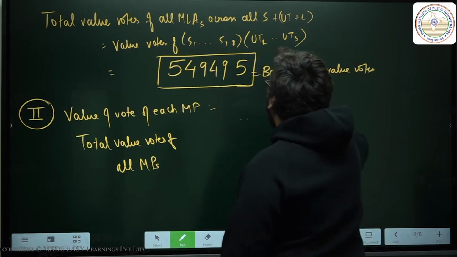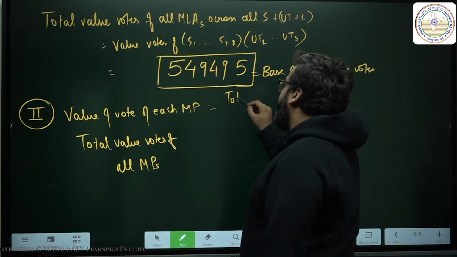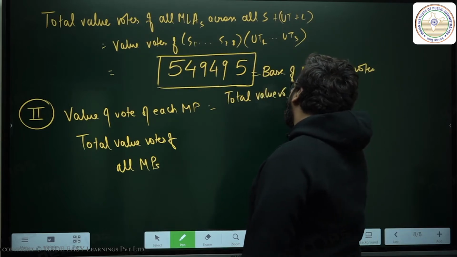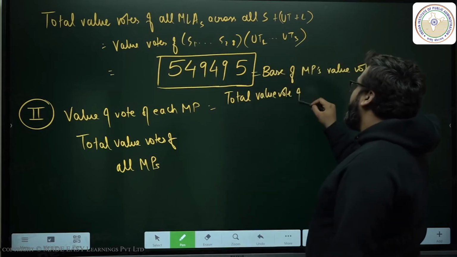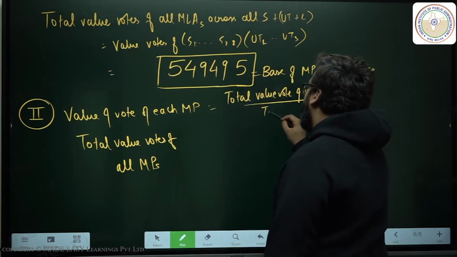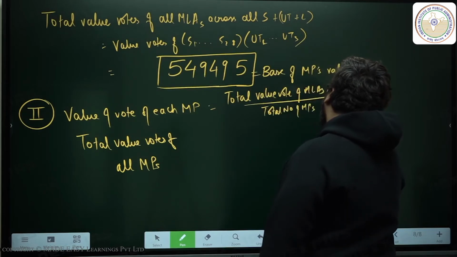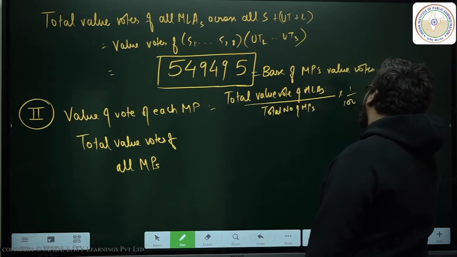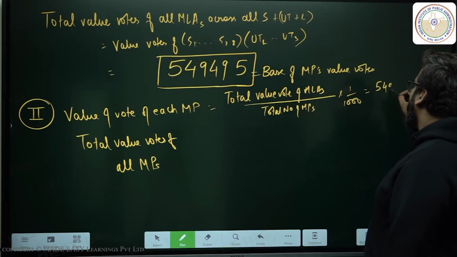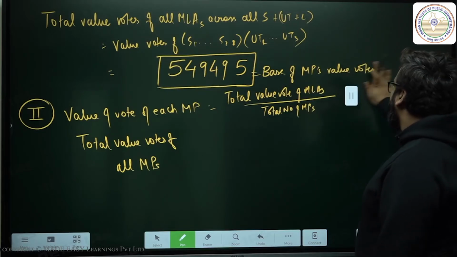So to maintain the federal balance, we'll calculate the value of MP votes using state votes: total value of MLAs divided by total number of MPs into 1000, right? So this is 549495. We don't even have to do this by 1000 anymore.